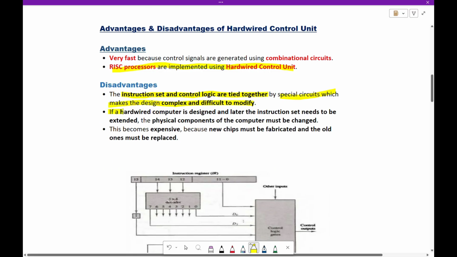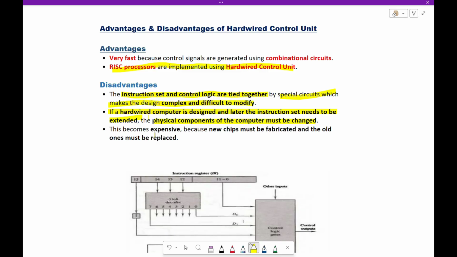If a hardware computer is designed and later the instruction set needs to be extended, the physical components of the computer must be changed. So this is a problem, a disadvantage of hardwired control unit.